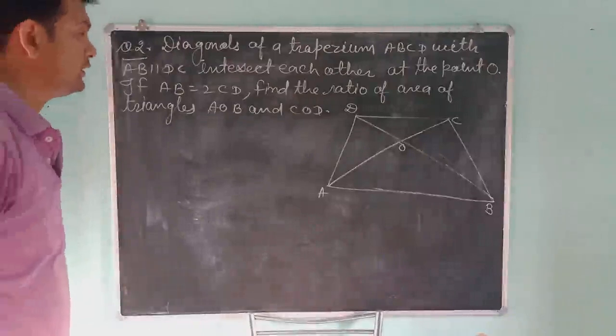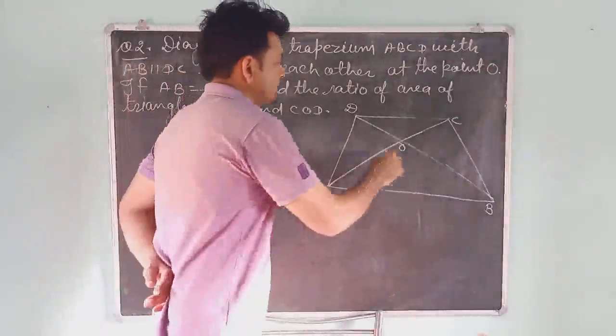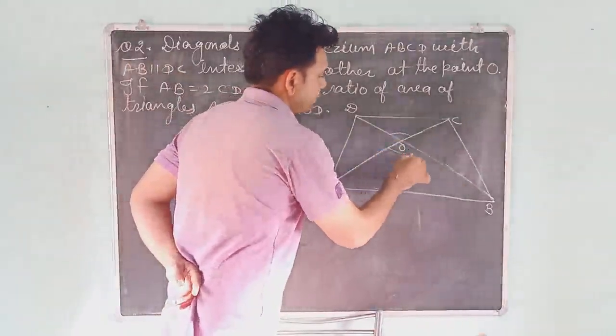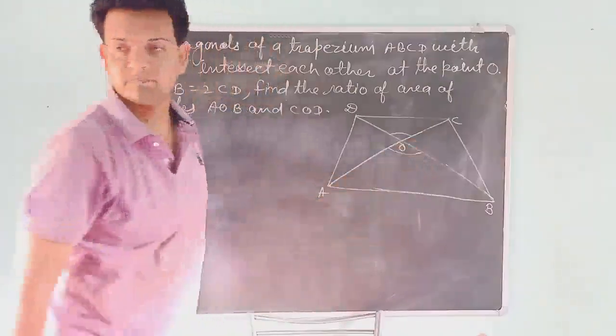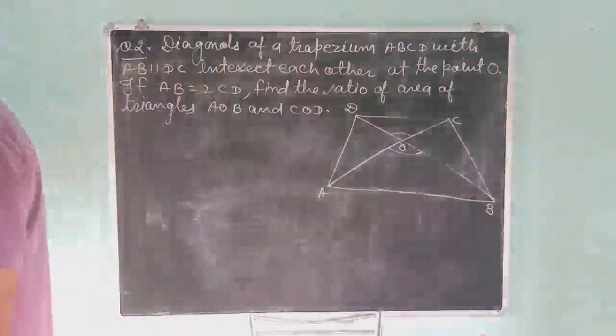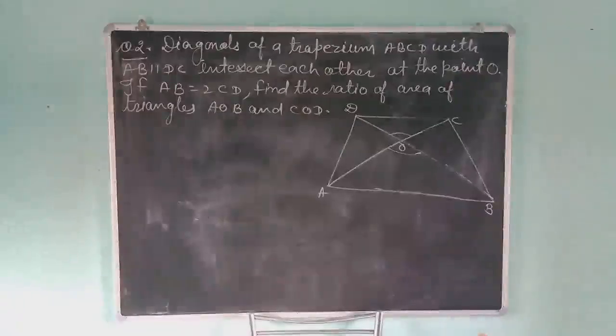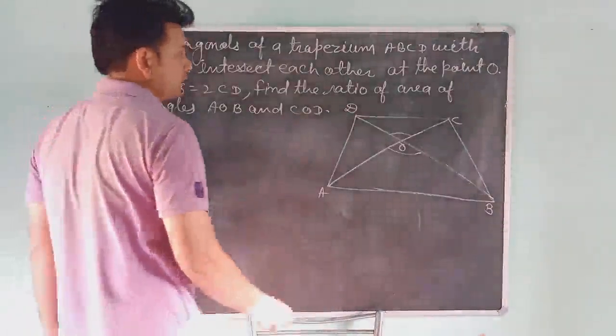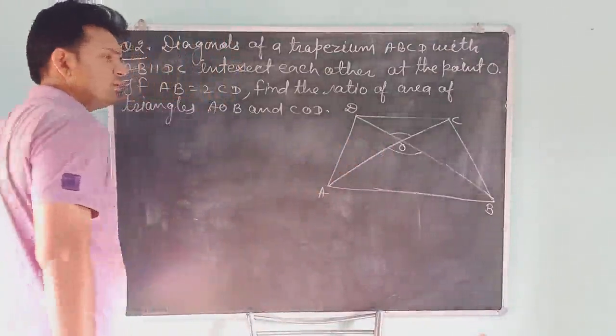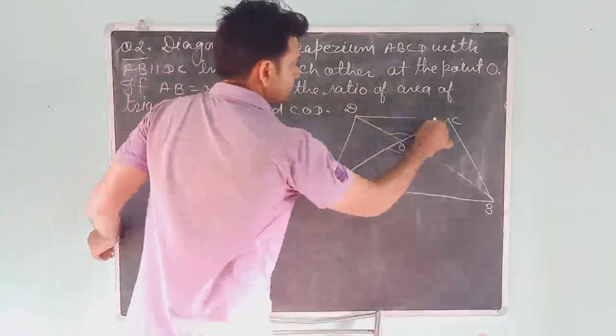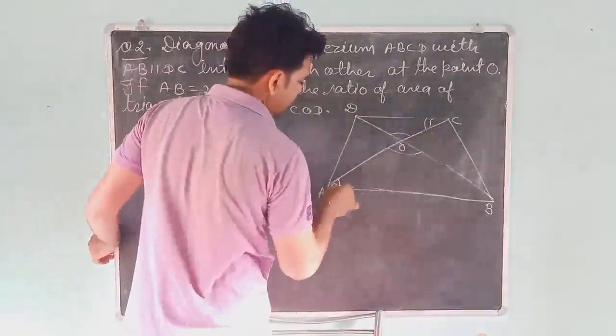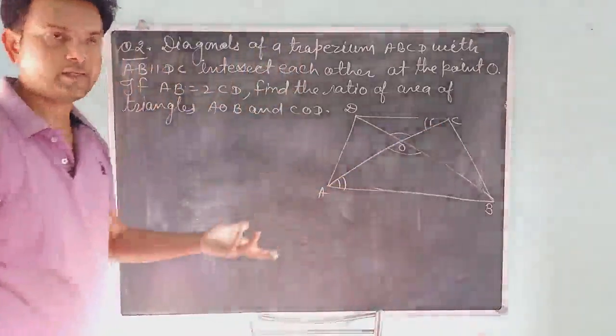Students, look at the diagram please. This angle will be equal to this angle. Why? Because these are vertically opposite angles. This one will be equal to this one. Why? Alternate angles.